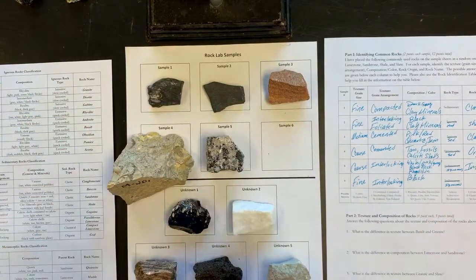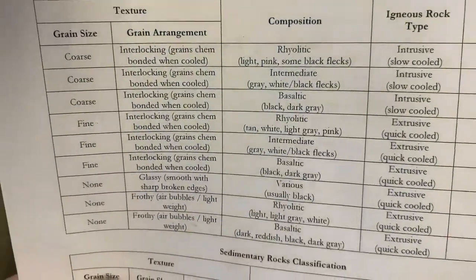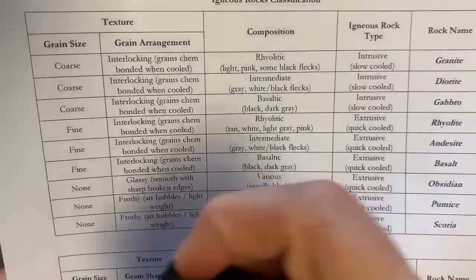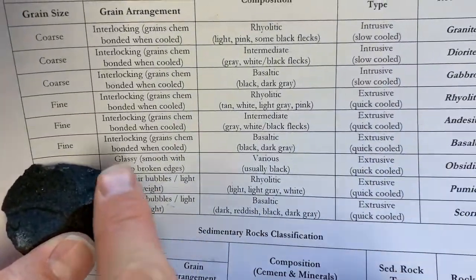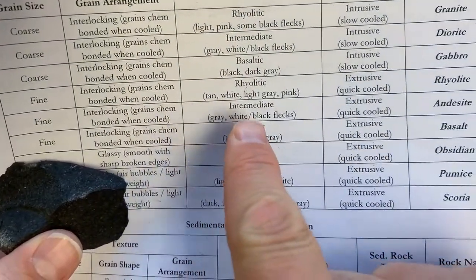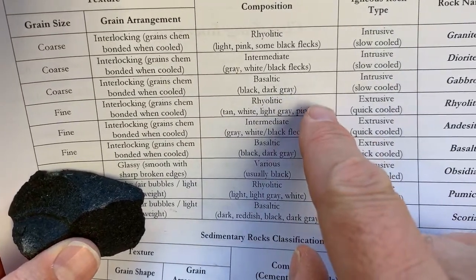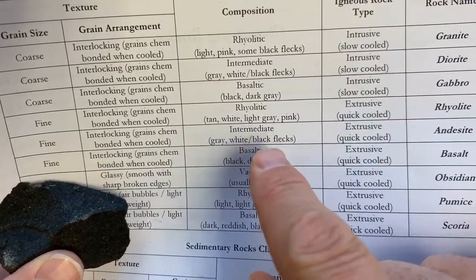So I'm going to go to my igneous rock chart, and I'm going to note the fine-grained rocks, and the fine-grained rocks are rhyolite, andesite, and basalt. Okay, and so interlocking, grains chemically bonded. I have basaltic, black or dark gray; rhyolitic, tan, white, light gray or pink; or intermediate, gray with white and black flecks.